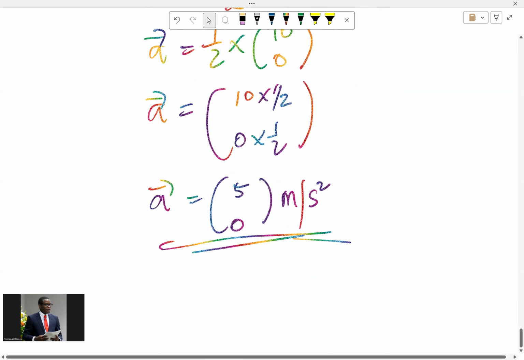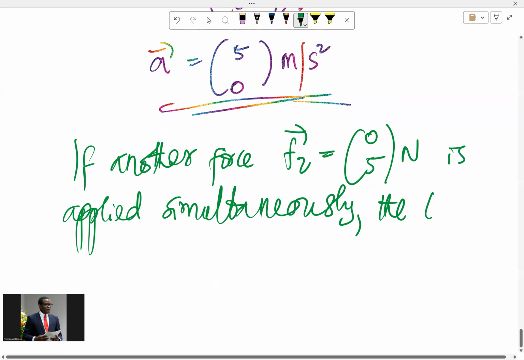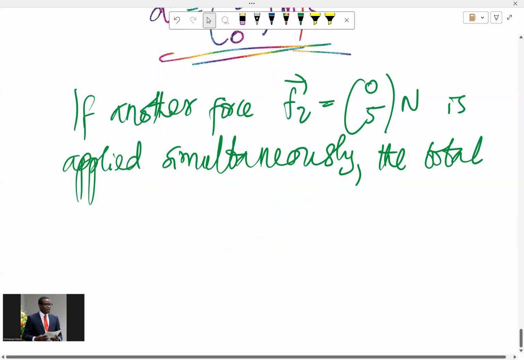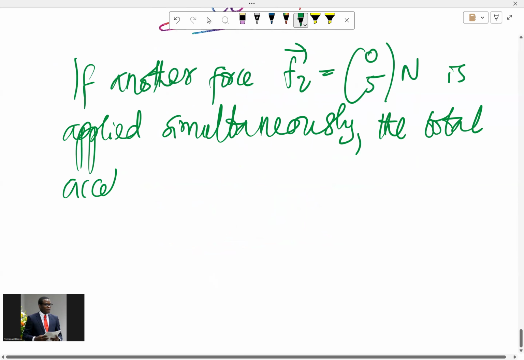So if another force, F2, which is (0, 5) Newton, is applied simultaneously, the total acceleration, so you know the force has increased, so it is going to cause a faster motion, so to speak.